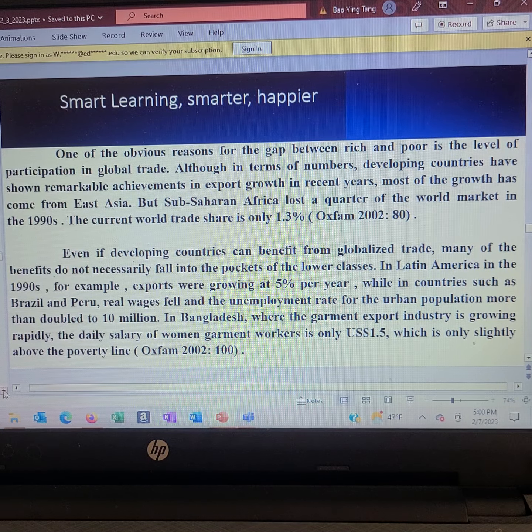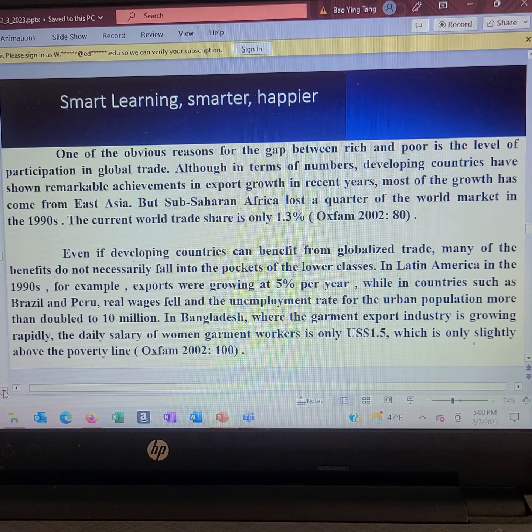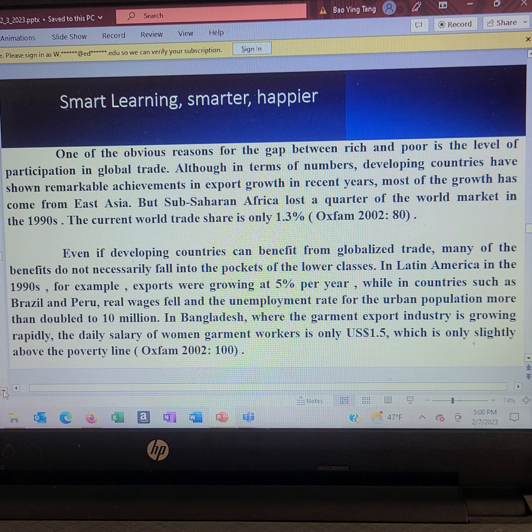In Bangladesh, where the garment export industry is growing rapidly, the daily salary of women garment workers is only US $1.5, which is only slightly above the poverty line.